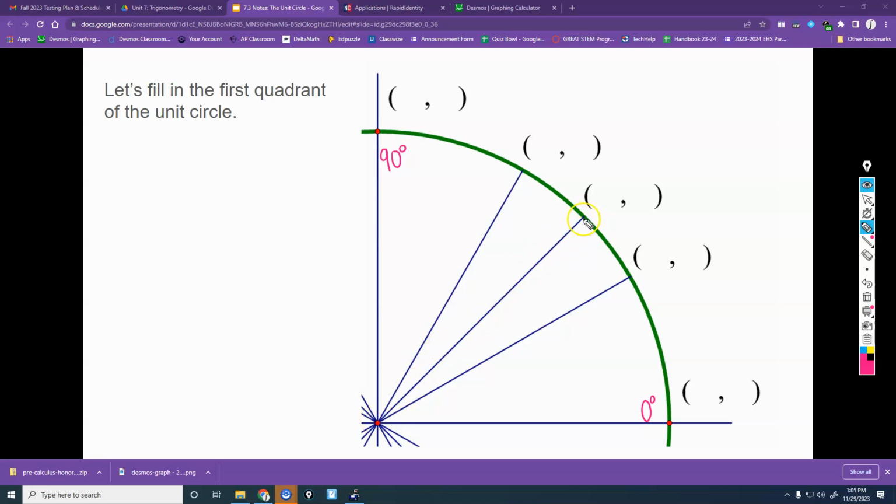So what do you guys think that's going to be? 45. Then this one right here is 30 degrees. And this right here is 60 degrees.